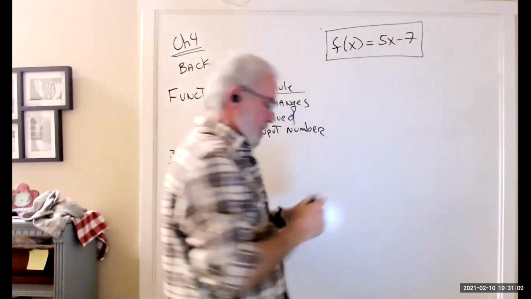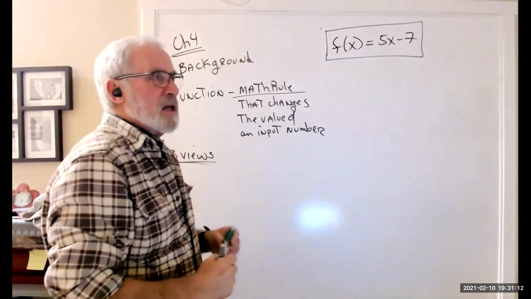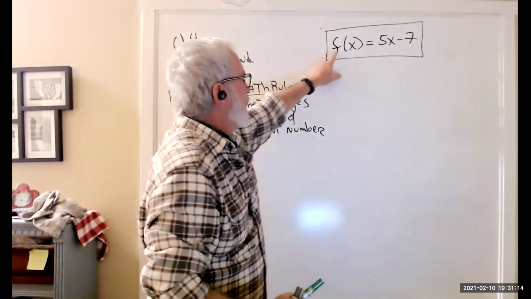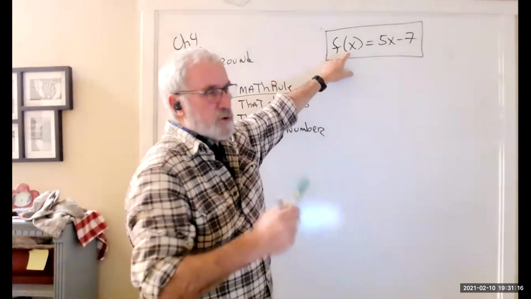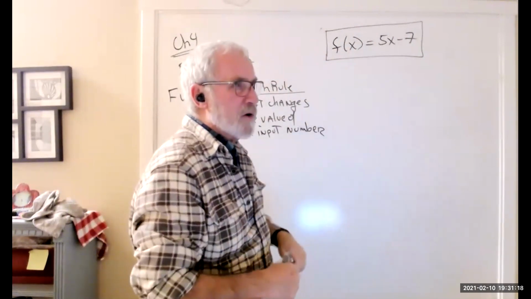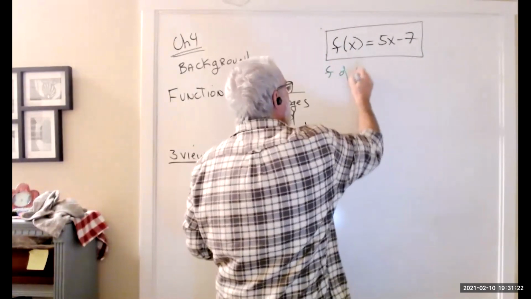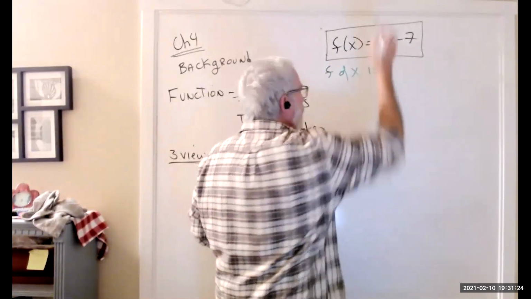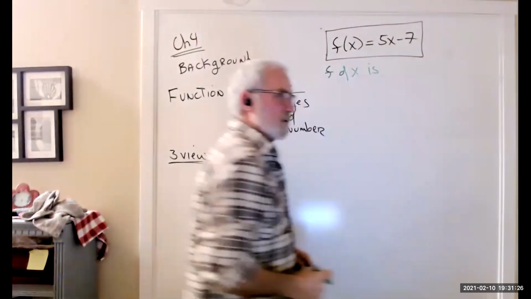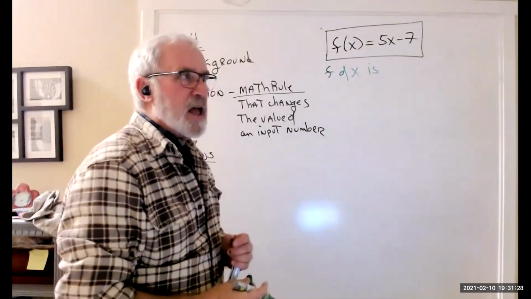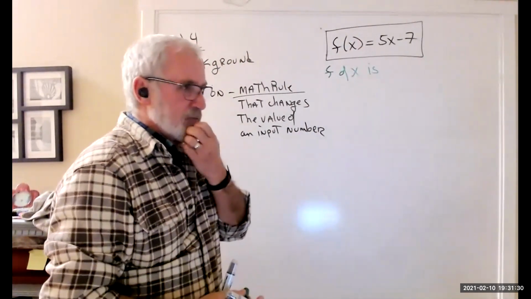Okay, and we say in English, f of x. The word of is very, very important. We say f of x is or equals this thing. It is not f times x. It is not.